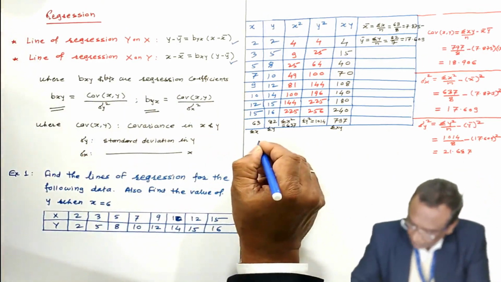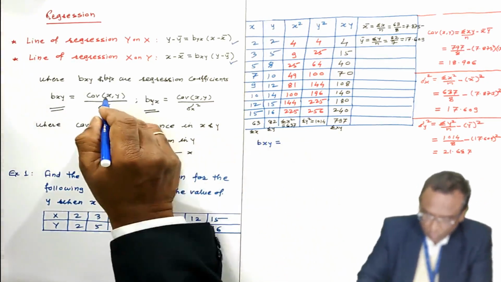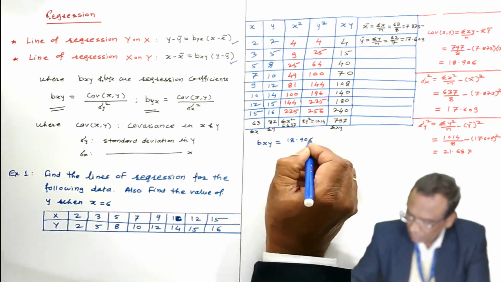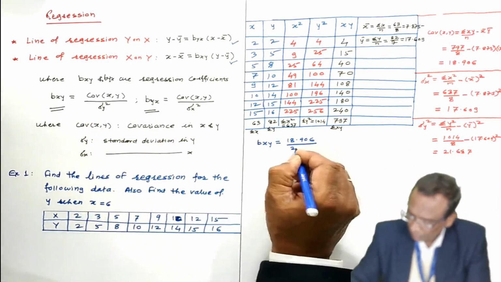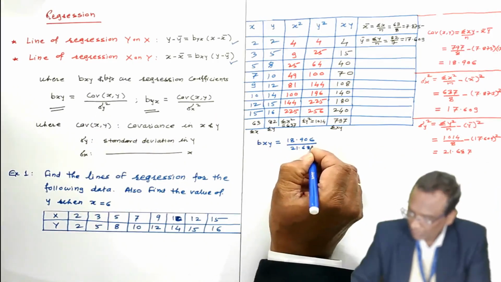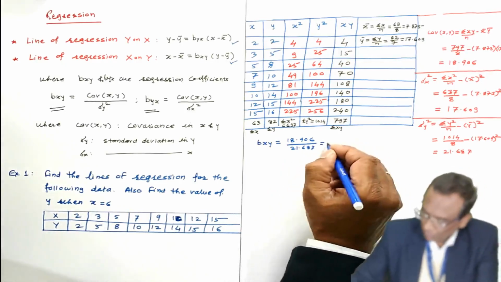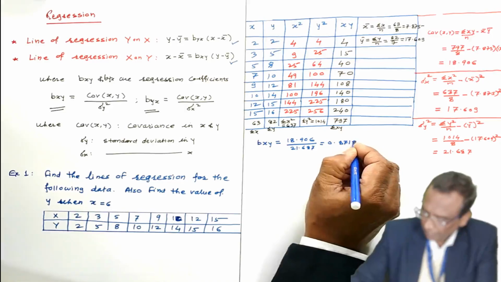Now bxy is equal to covariance of xy, 18.906, divided by sigma y square, 21.687, and bxy is 0.8718.